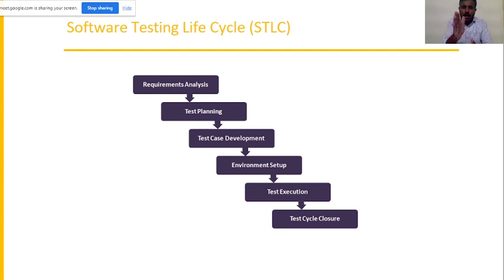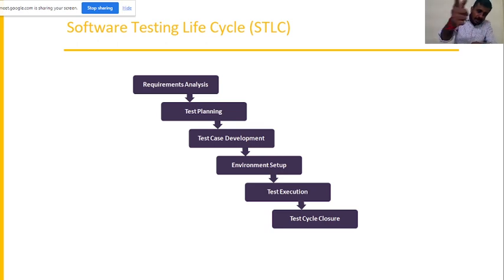Please remember, however you want, you cannot test the software product. Some set of steps you all are supposed to follow. So all those steps are involved in the software testing life cycle. Step number 1 is requirement analysis, test planning, test case development, environment setup, test execution, test cycle closure.